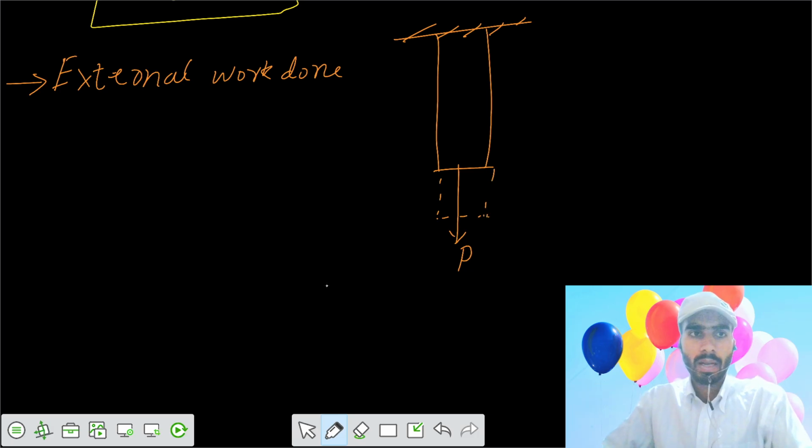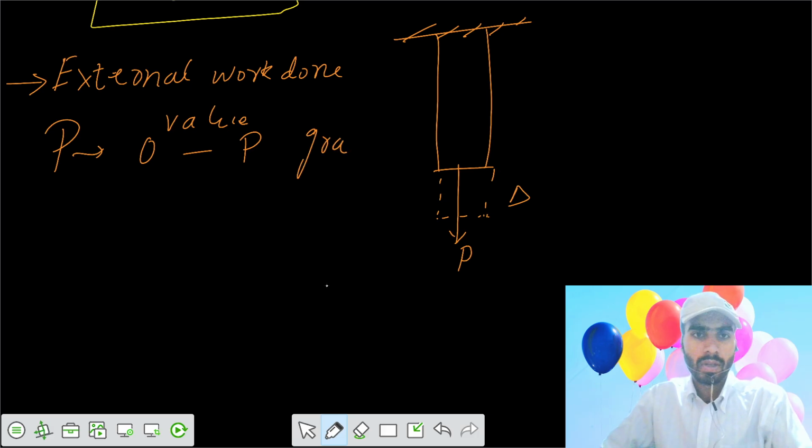But you apply the load such that its value goes from 0 to P in some time t. So it's a gradual load. Similarly, the deformation initially was 0, then reaches some x value, and then goes to delta, so the deformation goes from 0 to delta, also gradually.